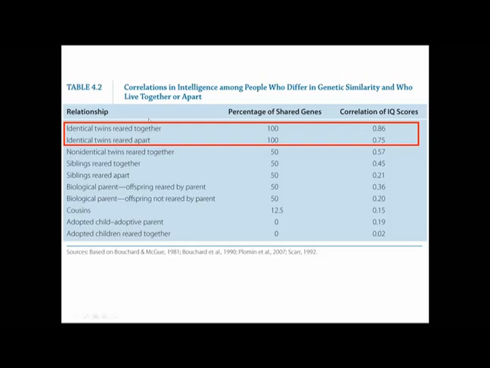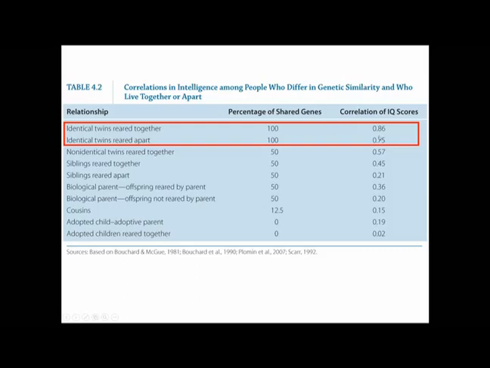But the twins that are reared together share an environment, and those twins that are reared apart don't share an environment. So we would then logically conclude that any difference in the correlation of IQ scores that we see here is going to be due to either sharing or not sharing the environment, because that's the only part that's changing.